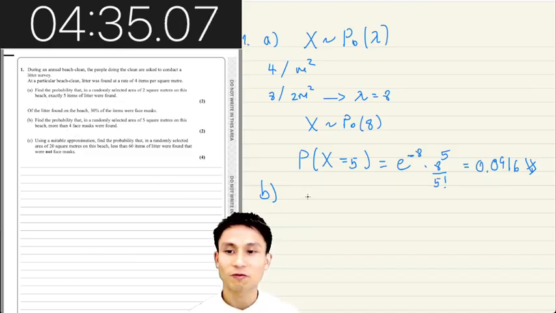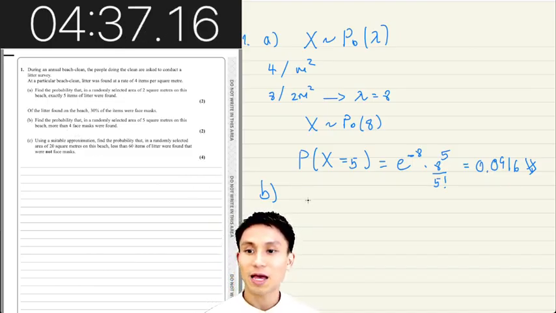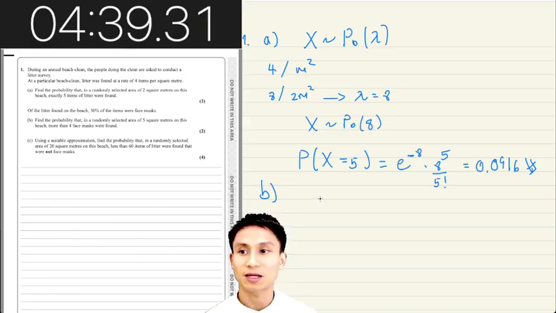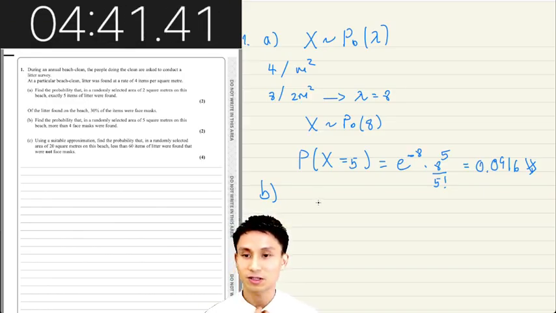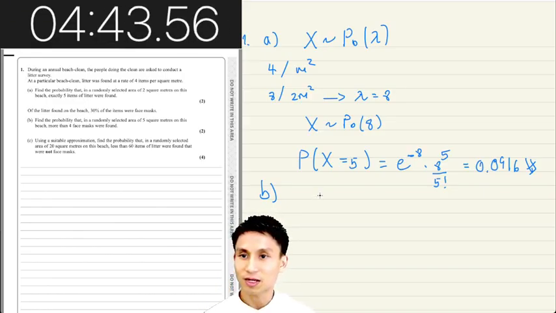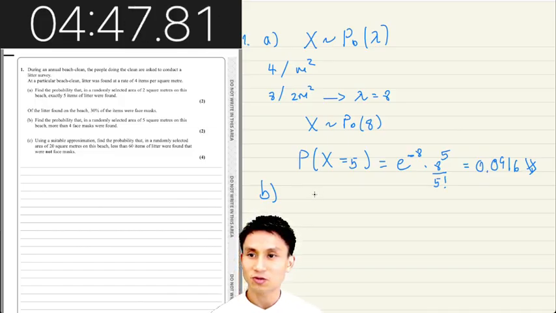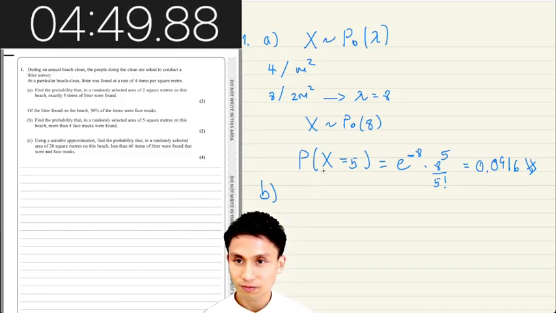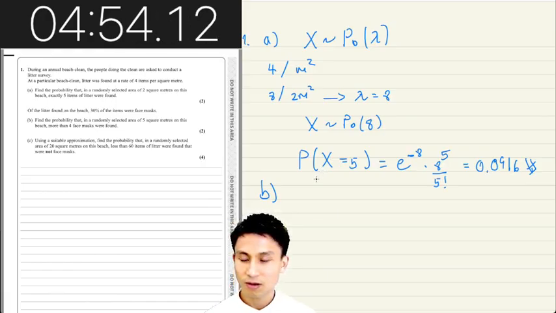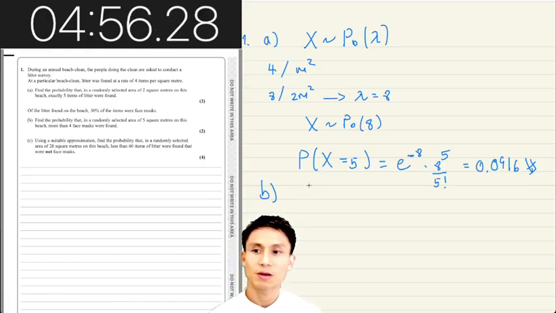So more than 4 face masks, that means we're going to have to take the litter found. Let me think a bit about that. This is a little confusing. Okay, hang on.